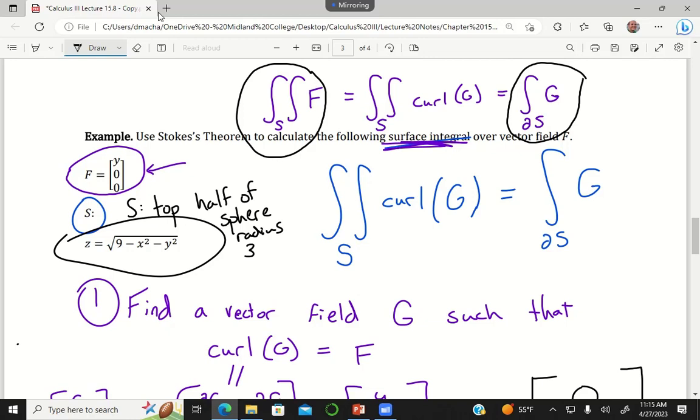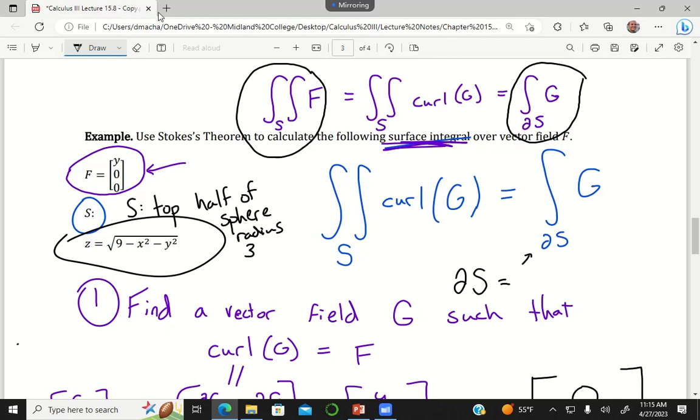So if I then asked you about, what is the boundary of S, what is that? If my blanket is a top half of a sphere, what does the edge of the blanket trace? A circle. It's a circle with radius 3 that lives in the xy plane centered at the origin, right? Okay.